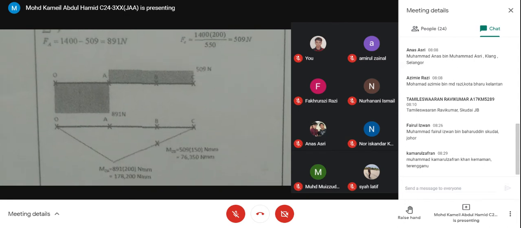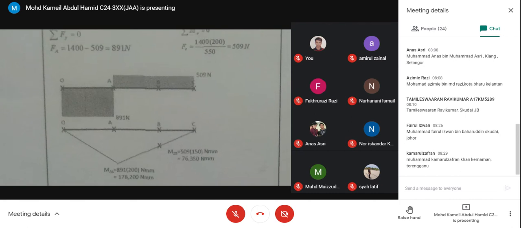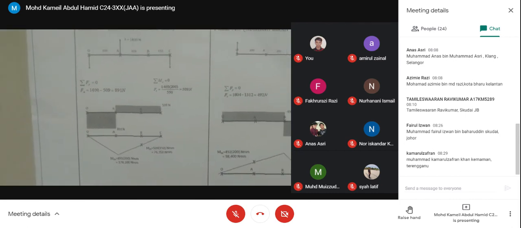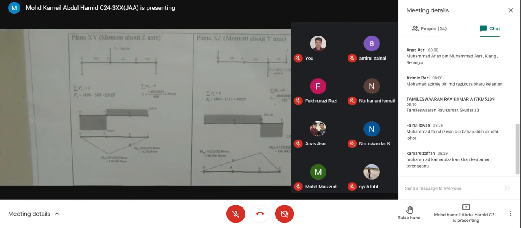So that is the moment diagram. Then moment at point B can also be calculated. Just 509 times the distance BC, 150. You get the value 76350. MZA and MZB there.